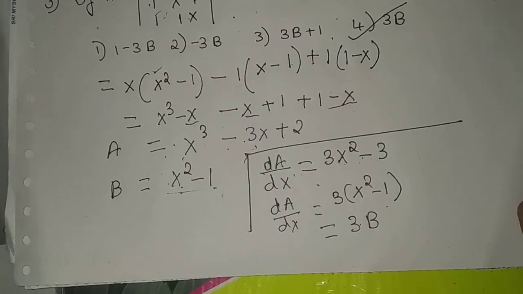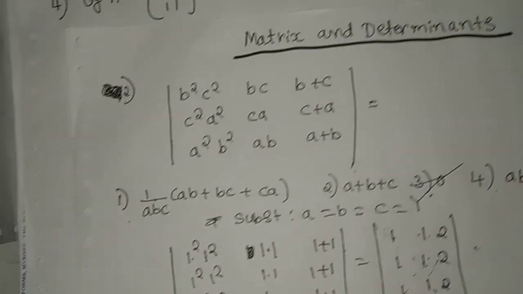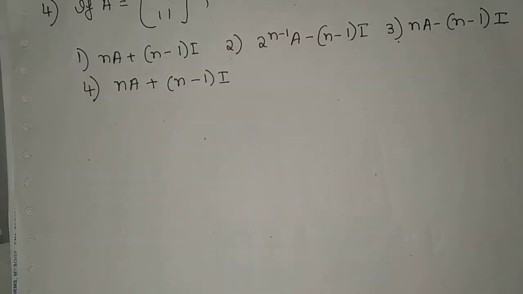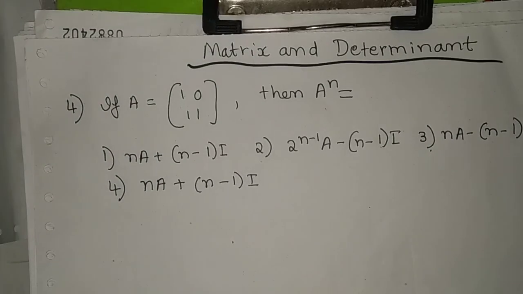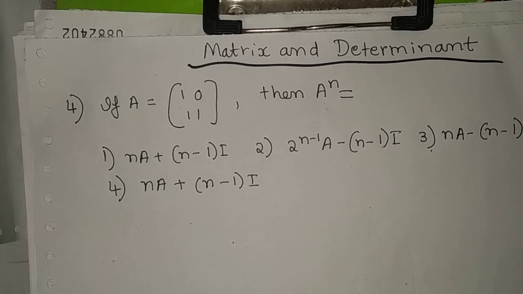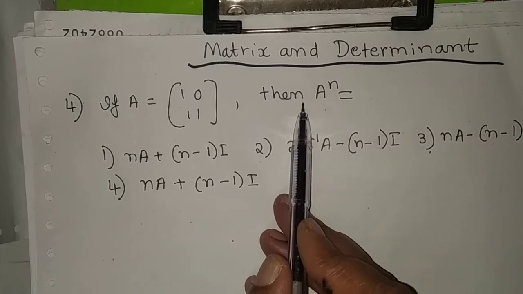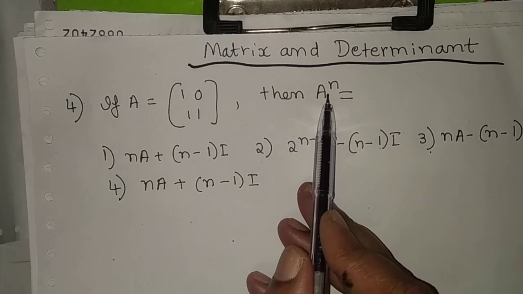So we will move on to the next one, that is the fourth problem. Here the matrix is given, then we have to find out A power n.